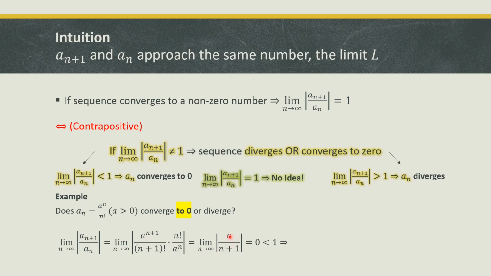We are left with a, and in the denominator and the numerator n factorial cancels. We are left with n plus 1. Now as n approaches infinity, this limit goes to 0, and because 0 is less than 1, we fall in this case, and therefore this limit actually converges to 0.